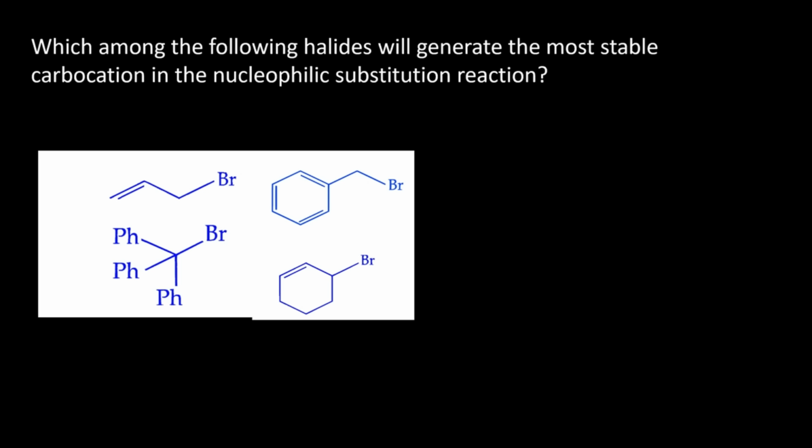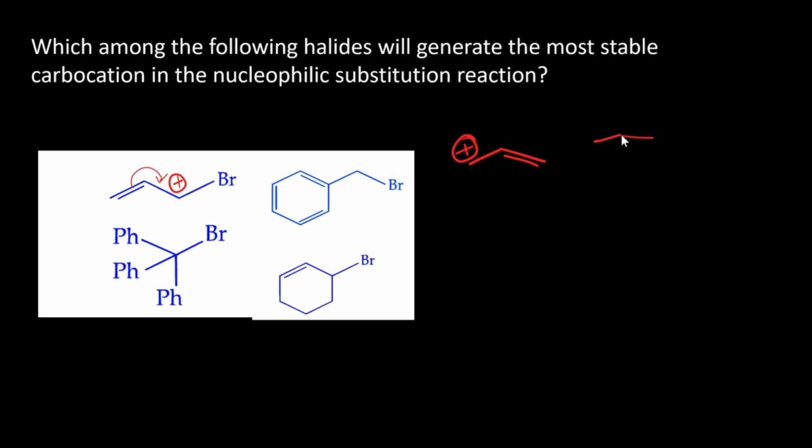Which among the following halides will generate the most stable carbocation in the nucleophilic substitution reaction? So as you can see, Br, it will create a positive charge over here. That positive charge will be neutralized by this double bond group. So it will be CH2 plus charge.